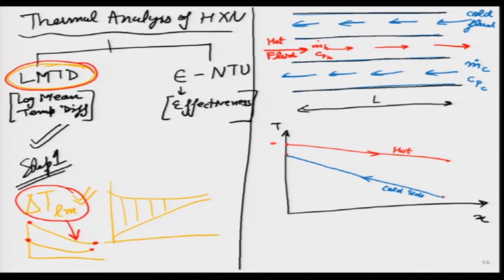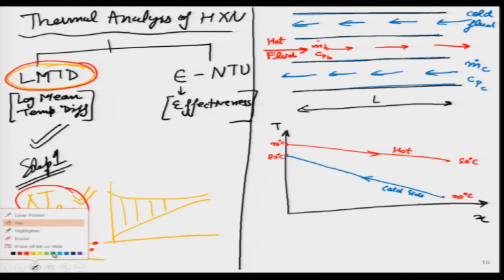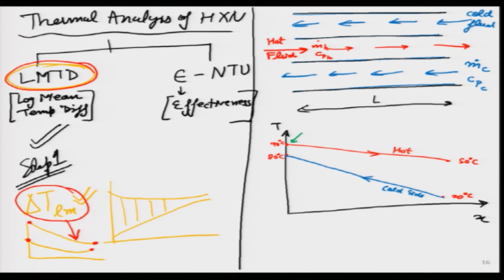Just to add some interest, I am putting some numbers here. The formal terms I will write in green. These numbers are just random that I have put for better understanding. So, what is this 90 degree? 90 degree is the temperature at this green point, right. This is the hottest point of my heat exchanger. So, I will call it T hot in, because that is what this green point is.